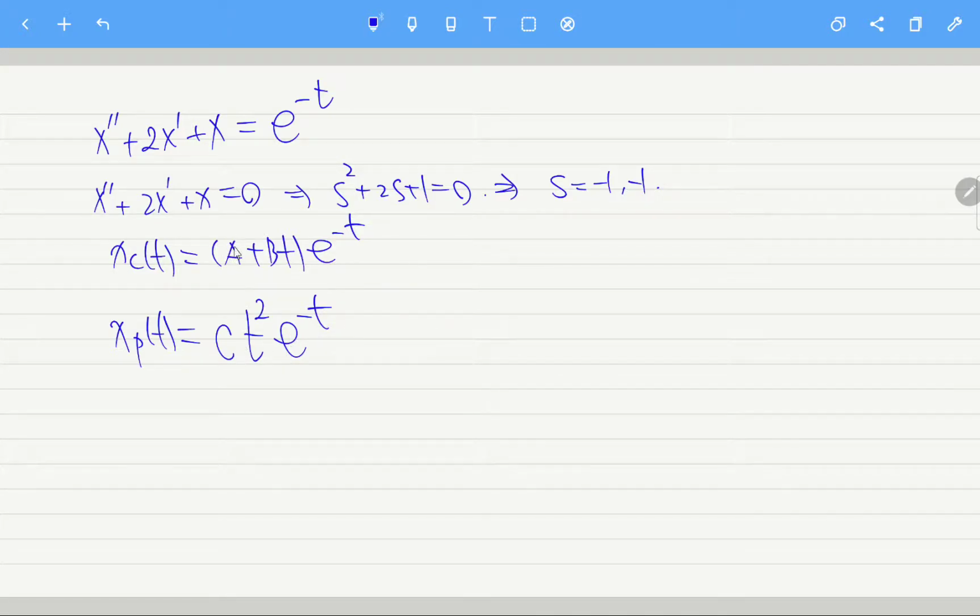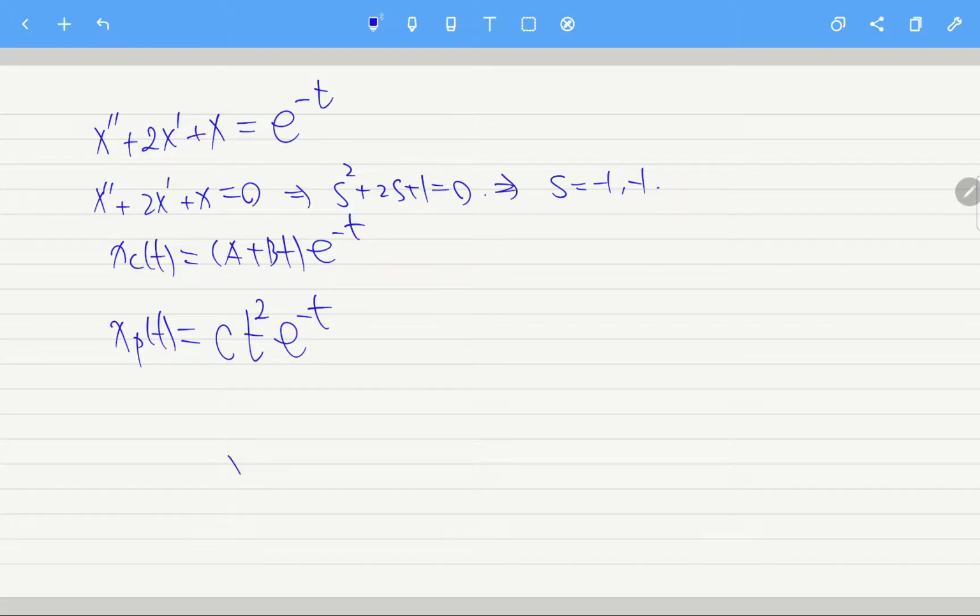If we have a zero order term, then you multiply by t. If you also have the first order term, then you multiply it by an additional t until there is not the same term in the complementary solution. Then it will be good. You can just check it by yourself. You can try to plug this one into the original equation, then you'll be able to find c.